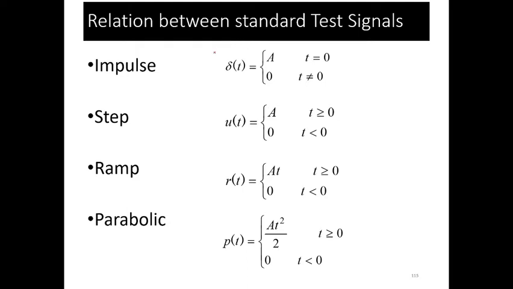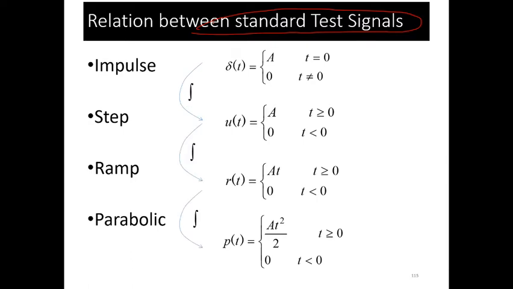Now there is a relation between the standard test signals, and you know already how they are correlated with each other. When you integrate the delta t, you get the u t. How can we show this geometrically? Let's say this is the delta t for t equals 0.